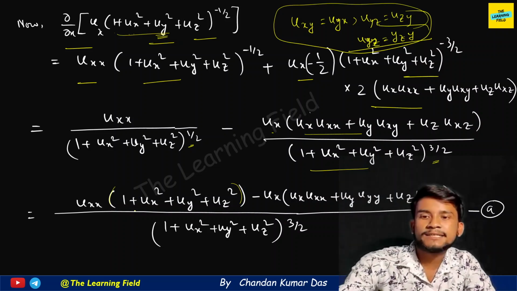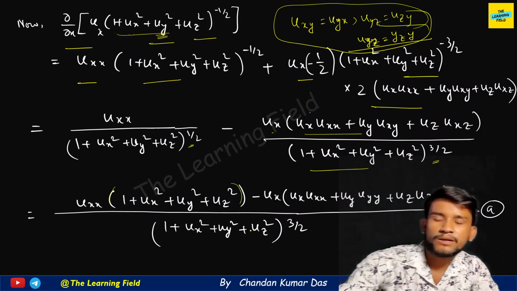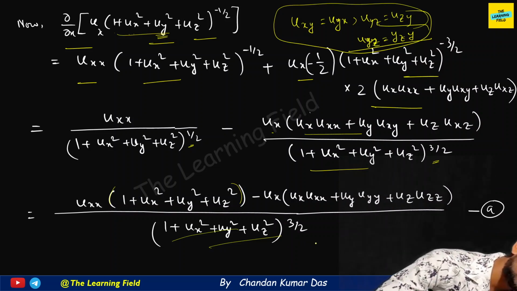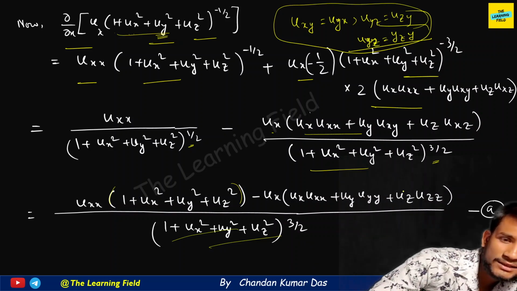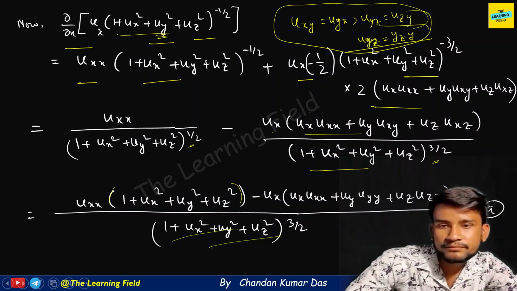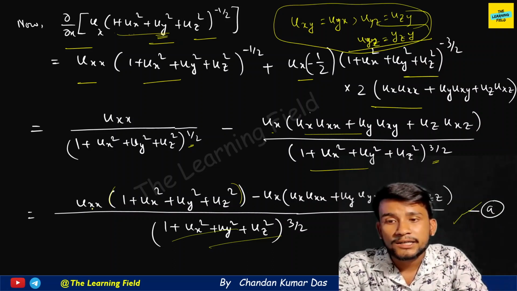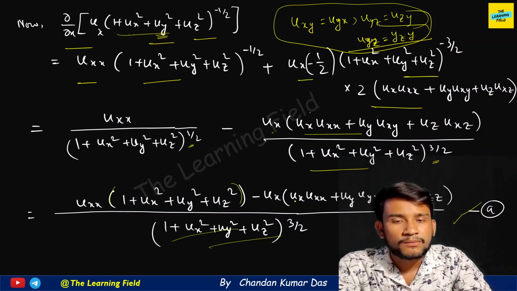So uxx into 1 plus ux square plus uy square plus uz square, minus ux into this term rest, by 1 plus ux square plus uy square plus uz square to the power 3 by 2. I think you all see this line. Suppose this is a.